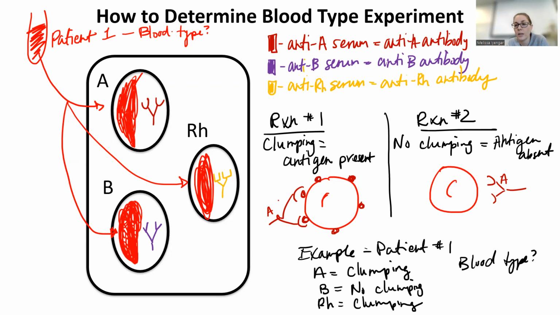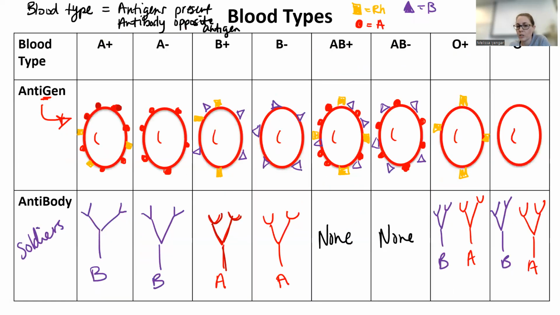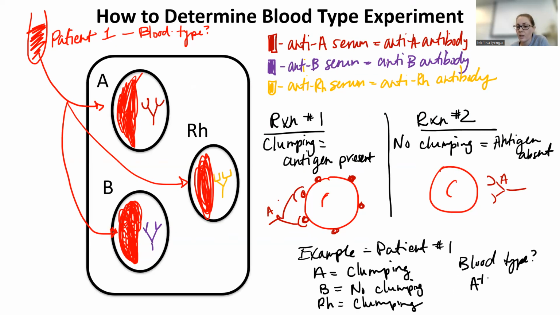I'm almost willing to not give you guys the answer to this to see if you can figure it out. All you got to do is go through and say, clumping means my antigen is present, so A. No clumping means my antigen is absent, which means I have A, but no B. And then for RH, clumping means it's present. Remember, when RH is present, I have a positive sign. So that gives me a positive blood.